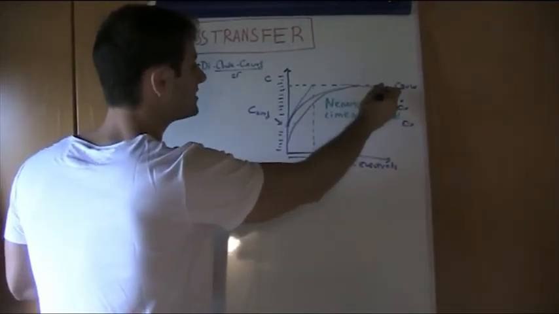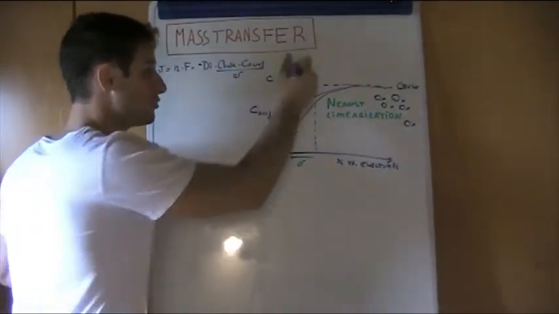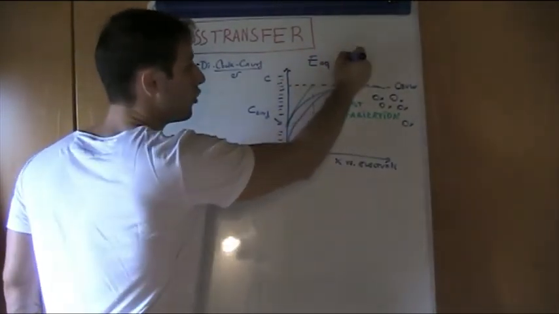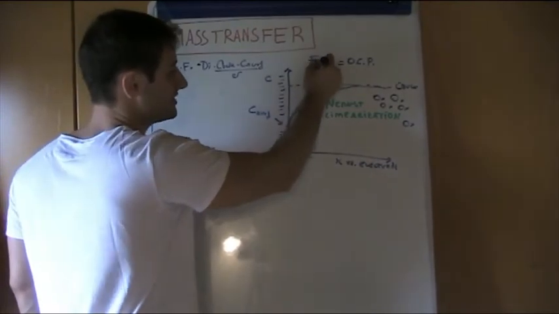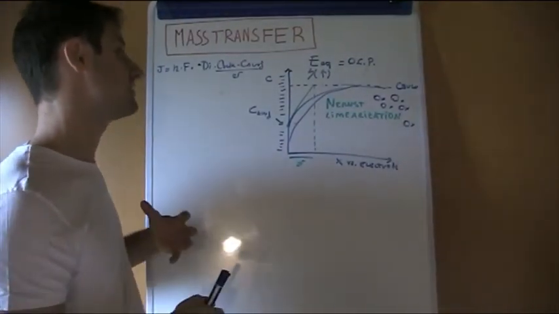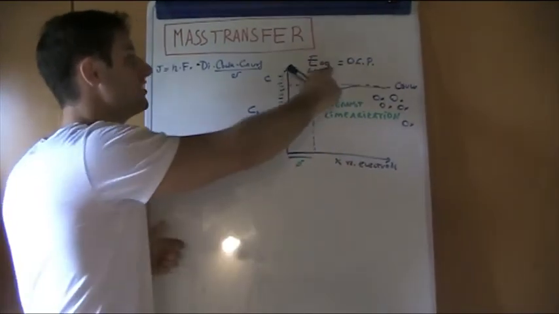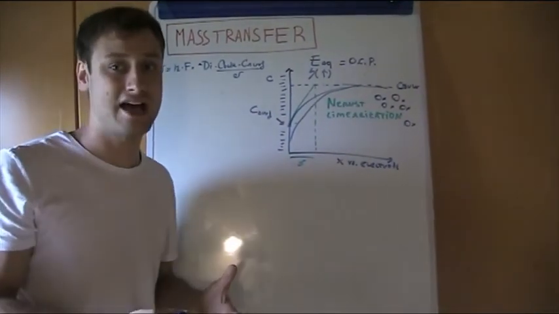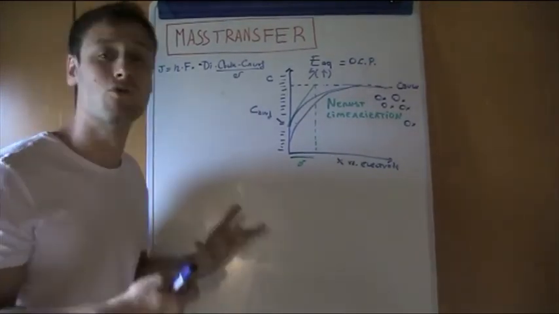But if we are polarizing more and more, and so if from a practical point of view we are moving more and more away from the equilibrium condition, the open circuit potential, what is happening is that we are increasing the overtension basically, because we are inducing a polarization that can promote a current, that can promote the reaction, so we are moving away from an open circuit condition. We are creating an electrolysis, with an electrolytic process creating overtension.